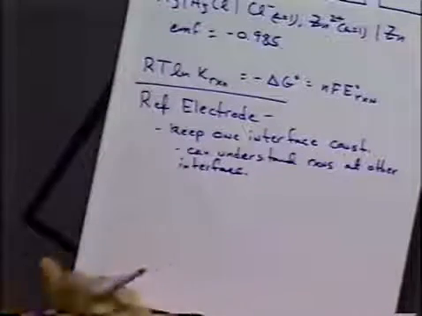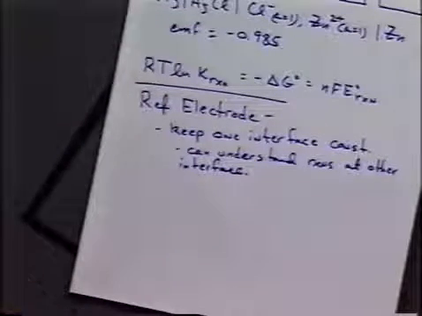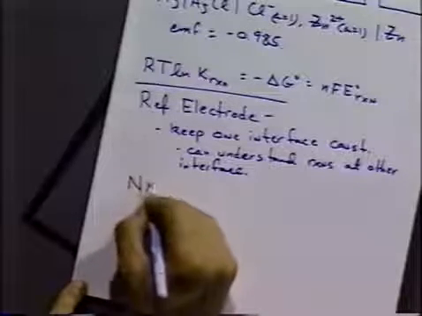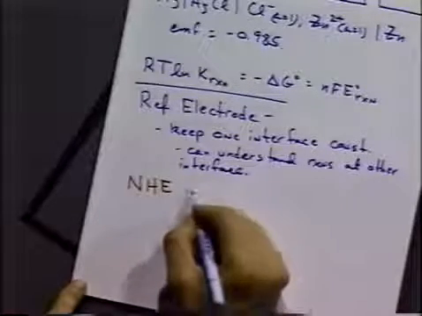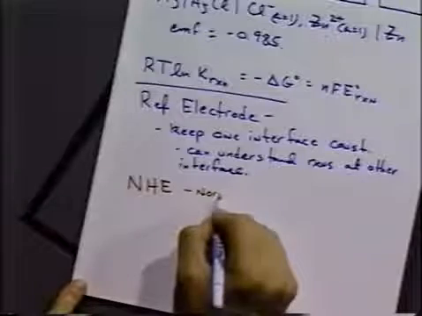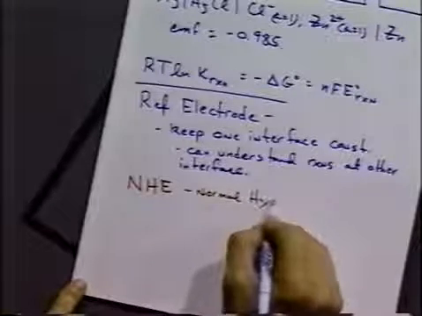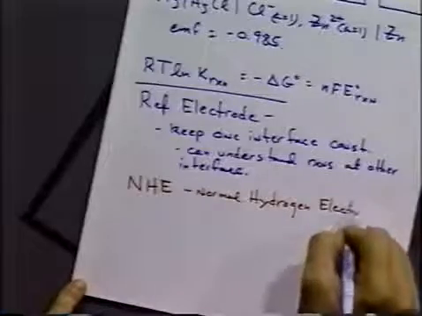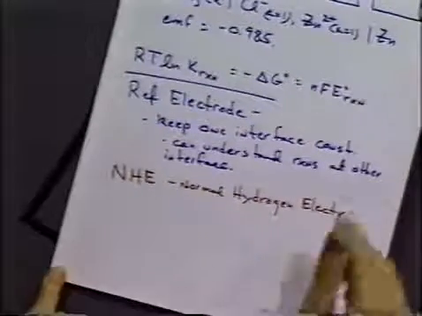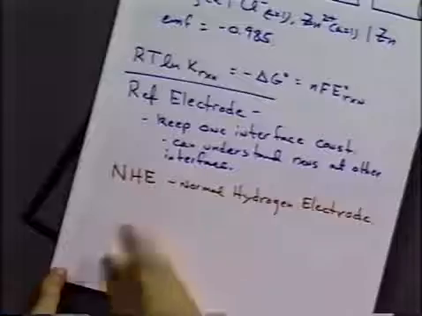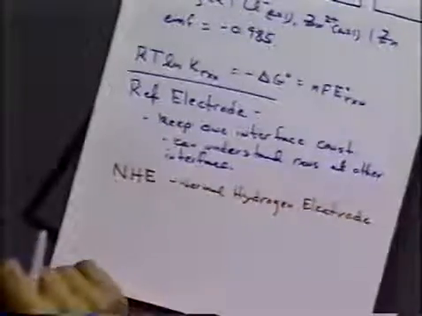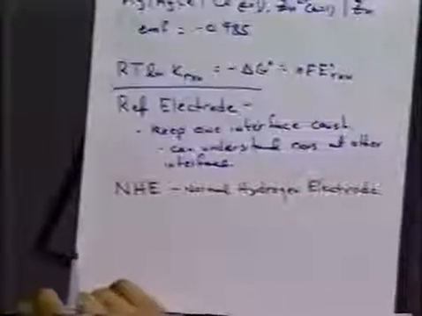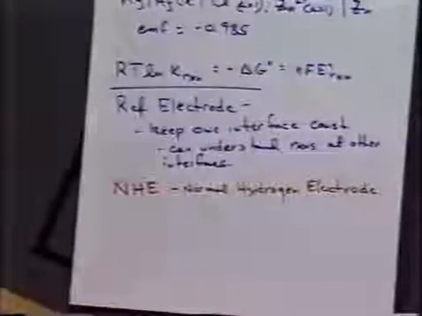And I think we mentioned last time that the standard cell potential is the normal hydrogen electrode, NHE, and if you look in the back of the book at the tables of cell potentials, they're always listed versus the normal hydrogen electrode.